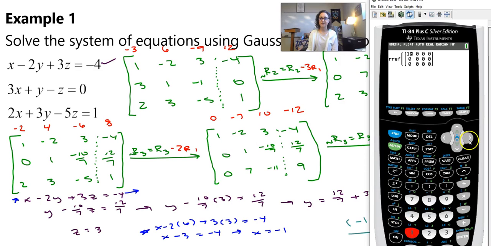So I had 1, -2, I'm just hitting my right arrow each time, 3, -4. And then my second row was 3, 1, -1, 0. And then my third row was 2, 3, -5, 1.